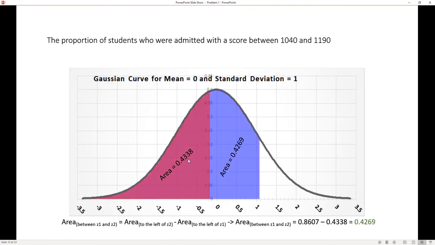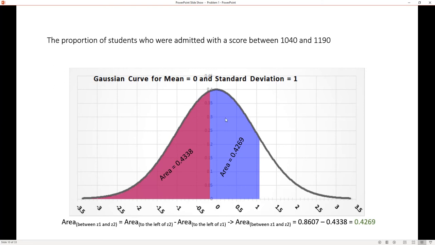Okay, so what we have, the area to the left of the x1, then z1 value is 0.4338. We know the entire area to the left of 1.083 ended up being about 86% or 0.86.